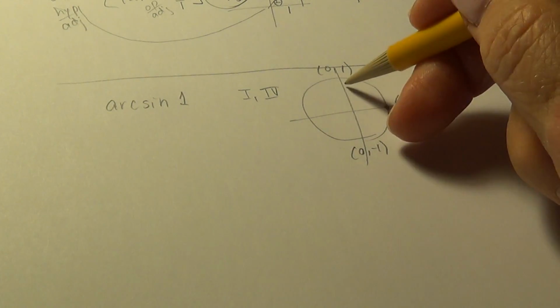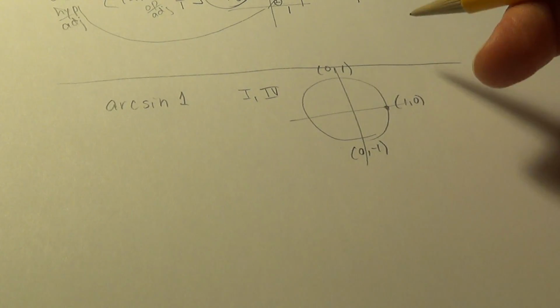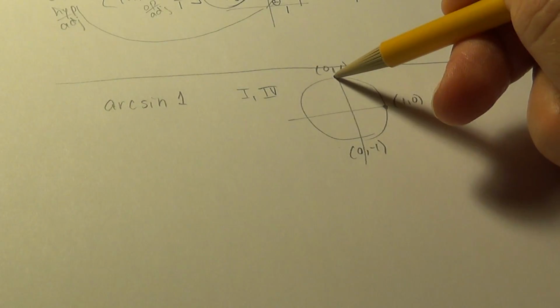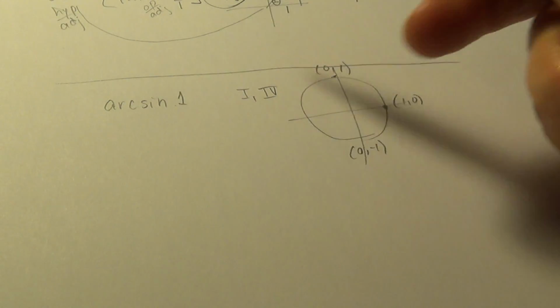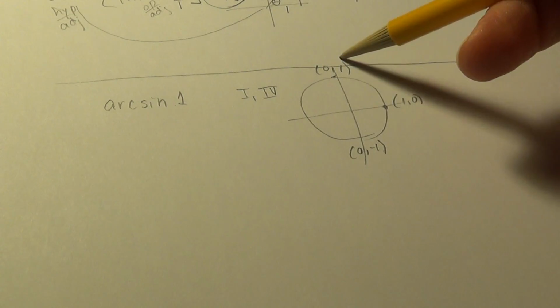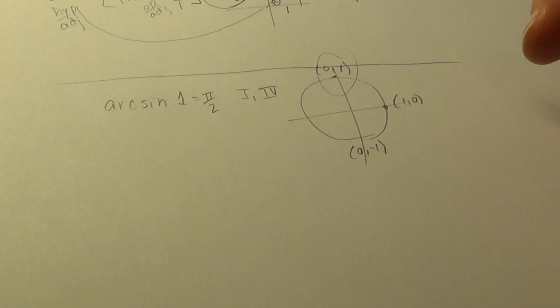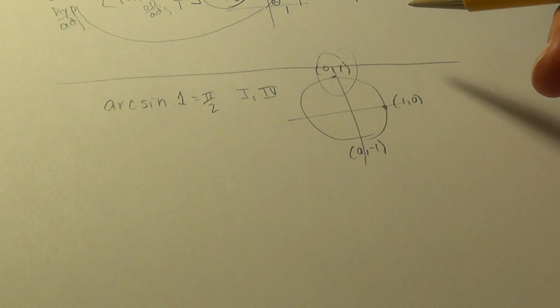So we're only allowed to look within here. And it turns out that the point that has a second coordinate of 1 is right here. So that's pi over 2. So these are quick ones. Just look for them in the unit circle.